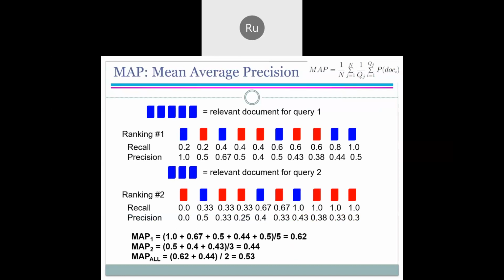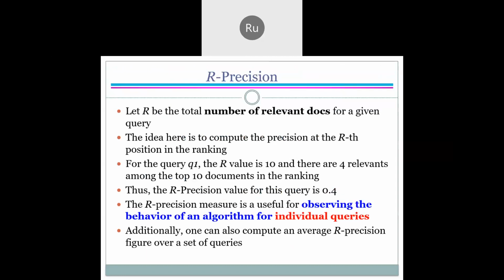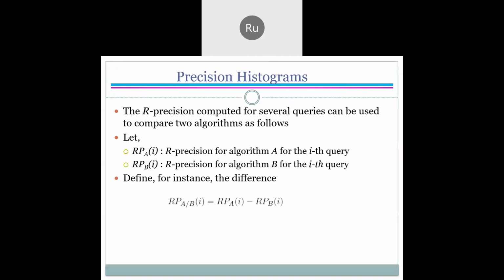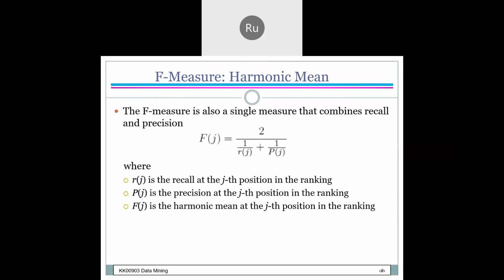Talking about precision and recall, these are two different metrics. What they want to do is combine these two into one formula, so they call it the F measure. Let me jump to the next one, which is this. This F measure is basically combining the recall rate and the precision rate in one formula.